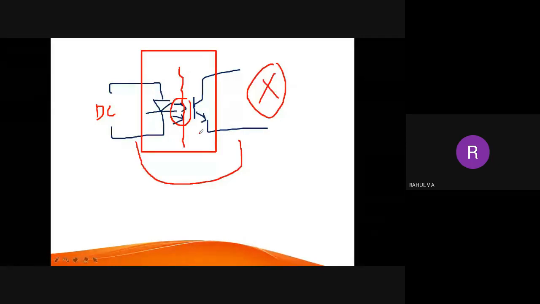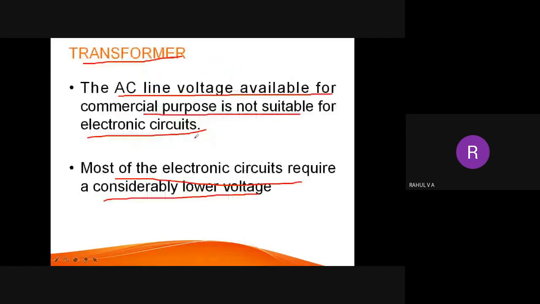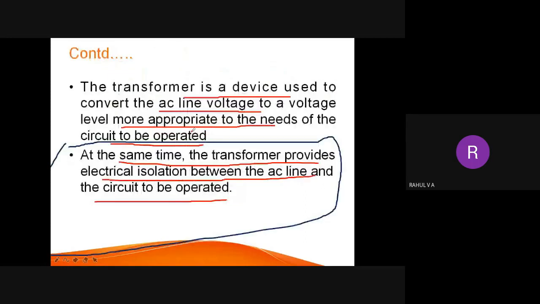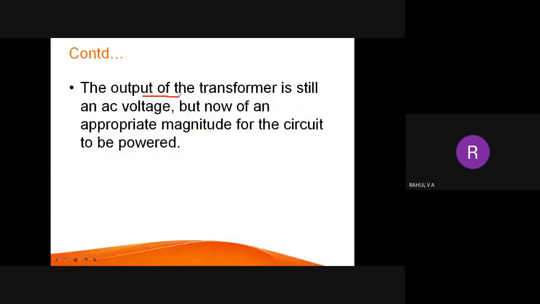So I just told, okay. By using a transformer, you can provide electrical isolation, and also you can step up or step down the voltage to a required level. But the problem is the output of the transformer is still AC voltage, but now of an appropriate magnitude for the circuit to be powered.